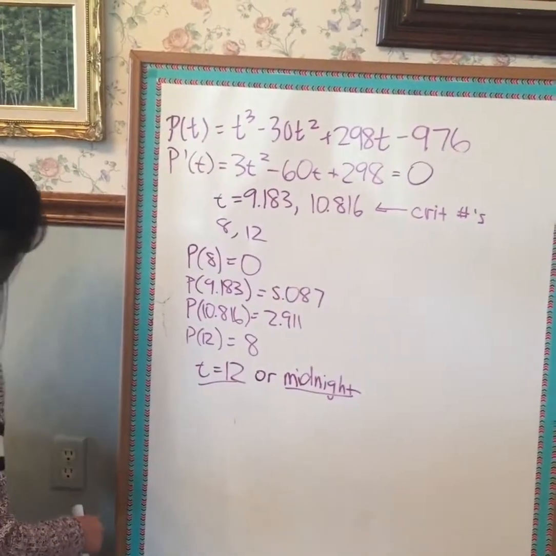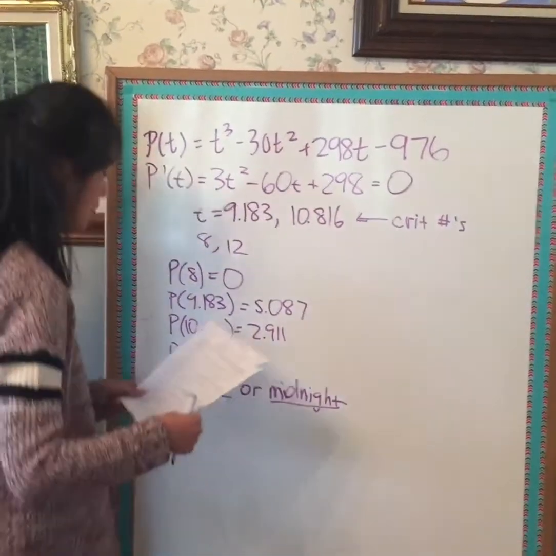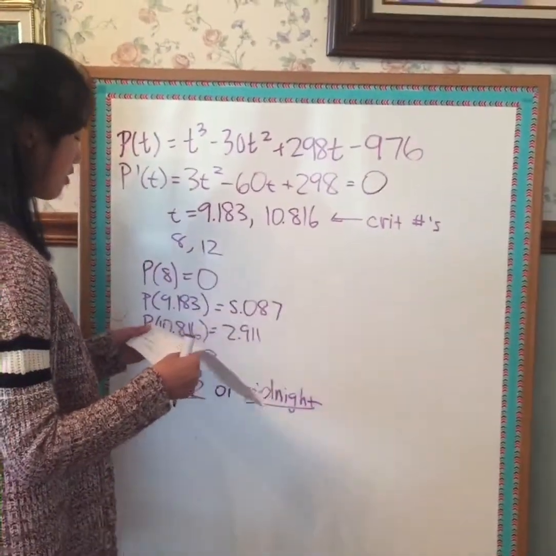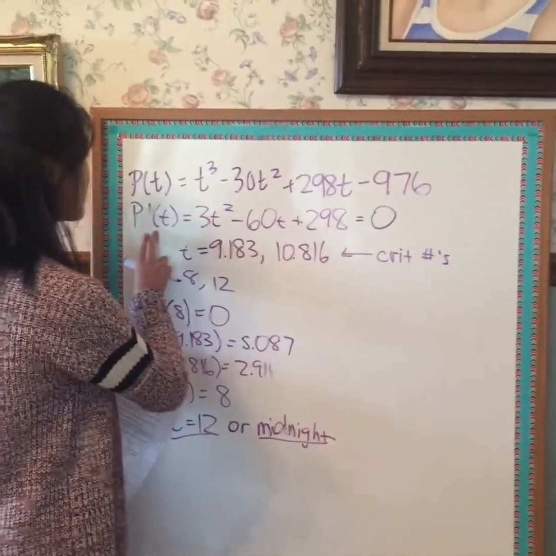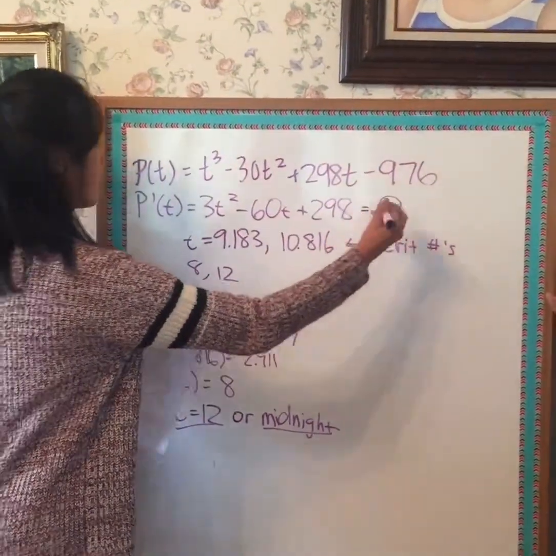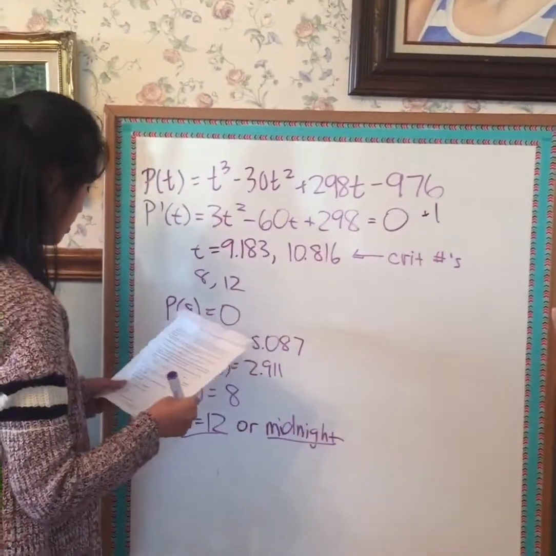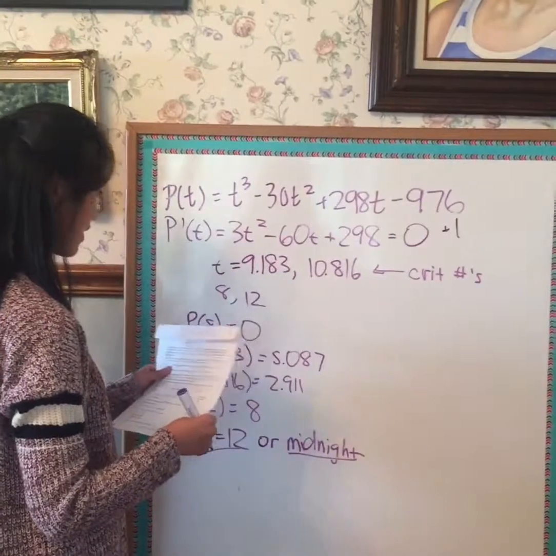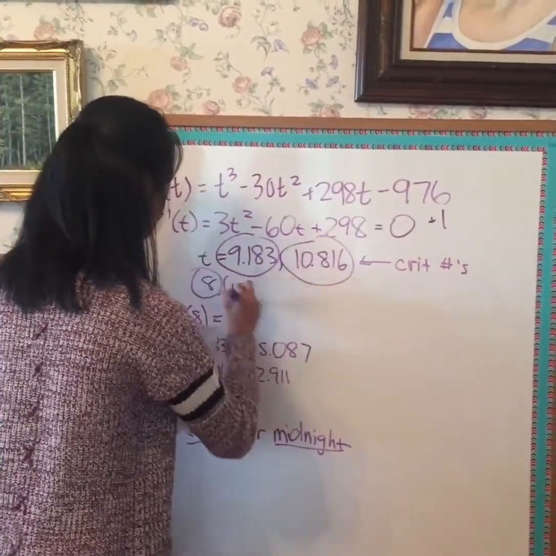for an FRQ answer. And then for the rubric points, they give you 1 point for setting p prime of t equal to 0, so that's 1 point. And then they also give you 1 point for identifying the candidates, which would be these 4 numbers.